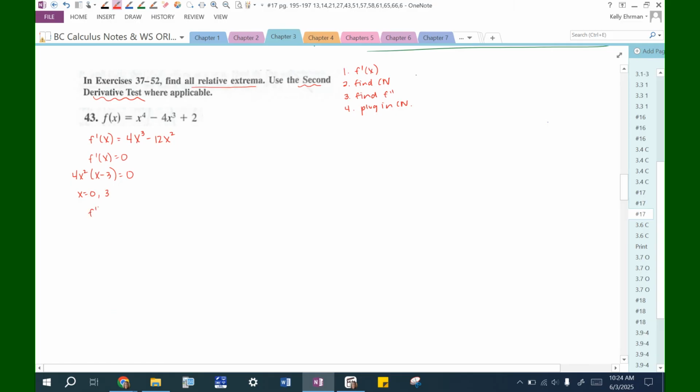Okay, now find f double prime of x. It's 12x squared minus 24x. Evaluate f double prime at each of the critical numbers. F double prime of 0 is 0, so I can't use second derivative tests. That's annoying. F double prime of 3 is 12 times 9 minus 24 times 3.